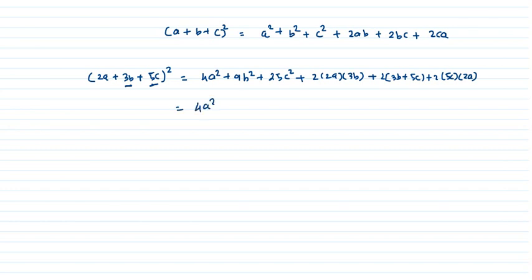This is your same 4A square, 9B square, 25C square, plus see here 2 2s are 4, 3s are 12. Then 12 is your value, then AB variable. Okay, plus 2 3s are 6, 5s are 30, 30 BC, plus 2 5s are 10, 2s are 20, 20 CA. That's it.